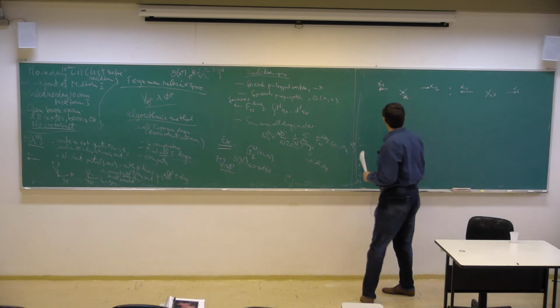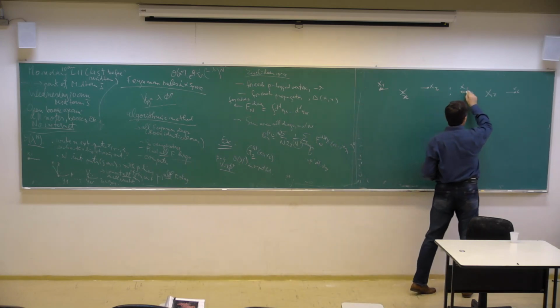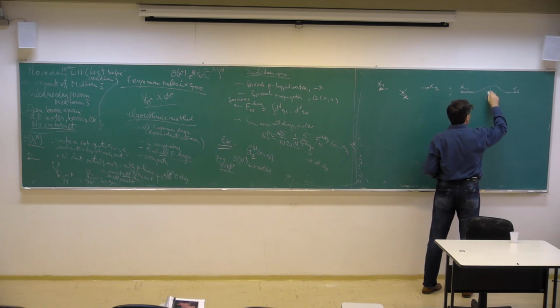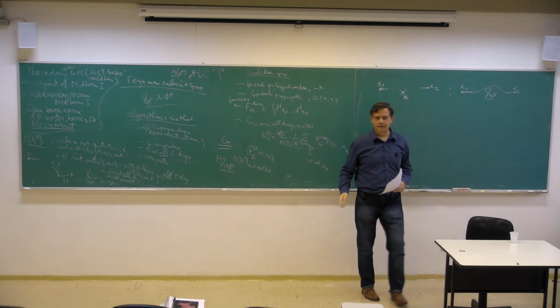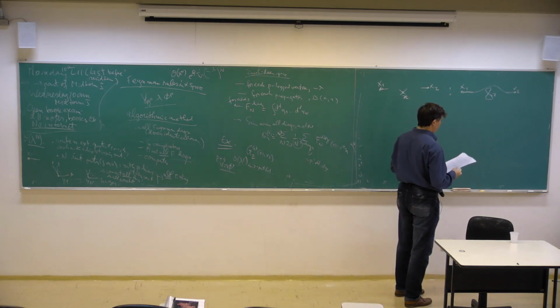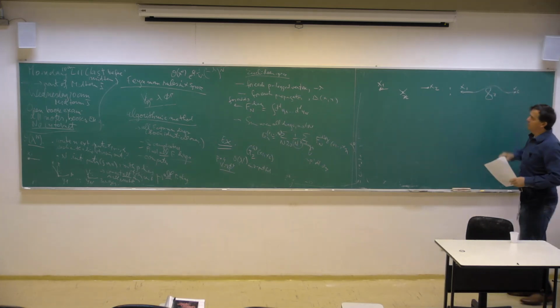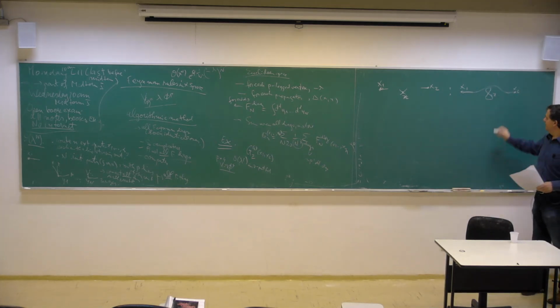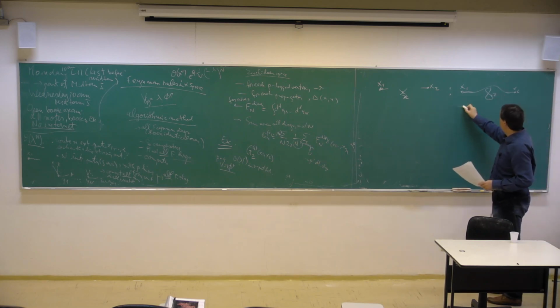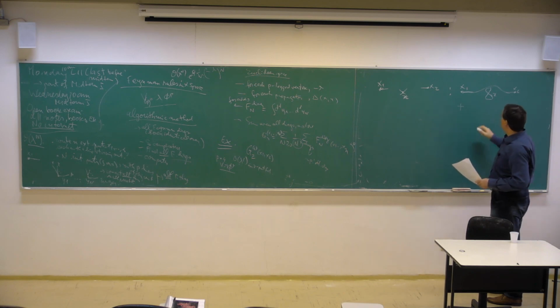Right, so one possibility is that I connect the external lines by themselves and these lines by themselves. That's one possibility. But in how many ways can I do this? Well, x1 with x2, there's only one way to do it. But here, I connected the upper ones and the lower ones.